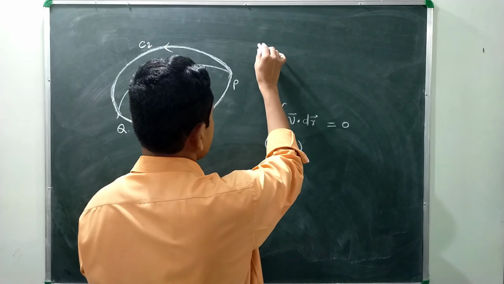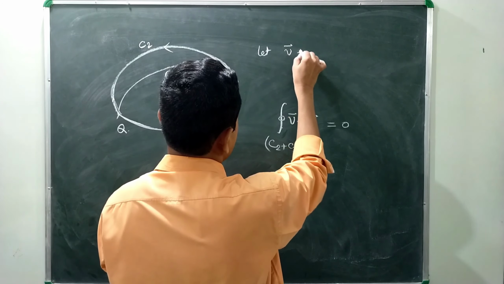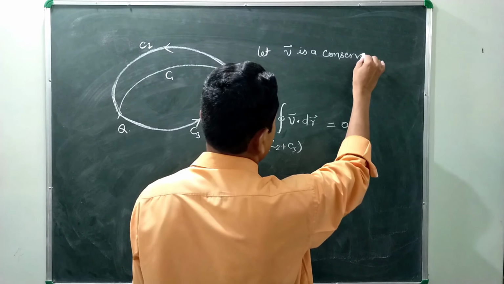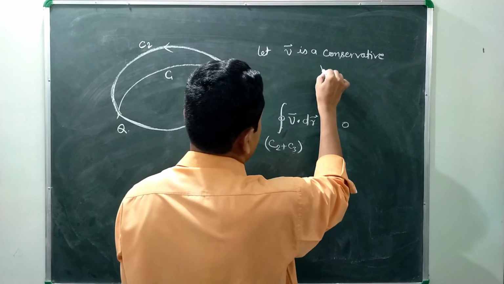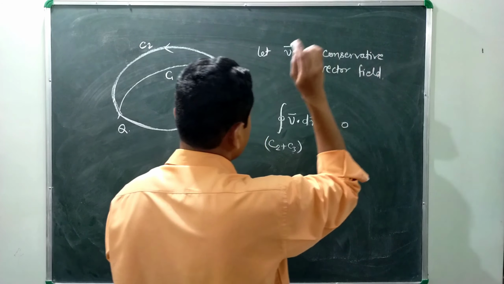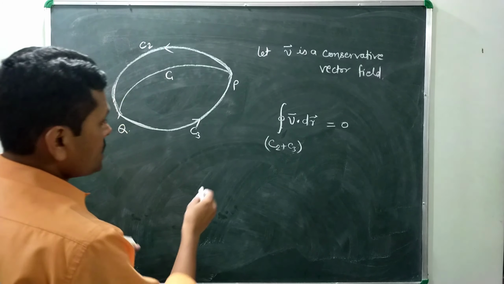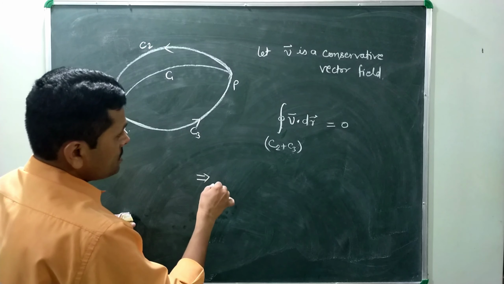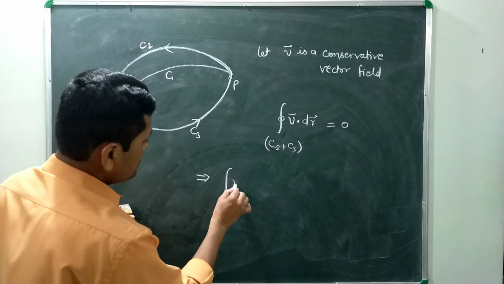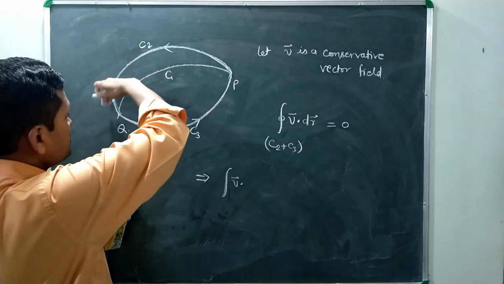So first of all, let us write here, let V be a conservative vector field. Then in this situation, this integral is equal to 0, or this may be written as the sum of two line integrals, one along this curve and the other along this curve.